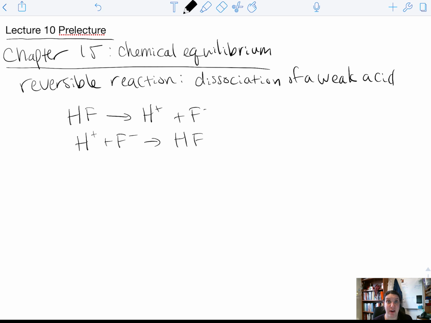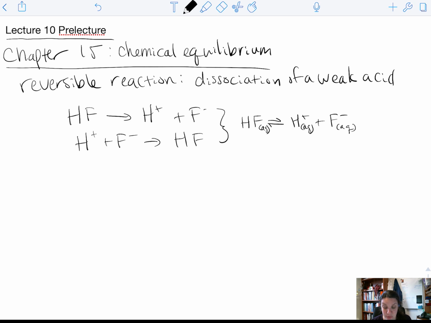So this would be considered a reversible process. Together, we get the equilibrium process, HF going to H+ and F-, and these are all in the aqueous state. Right, so we've got a reversible process where we have a forward reaction and we have a reverse reaction.